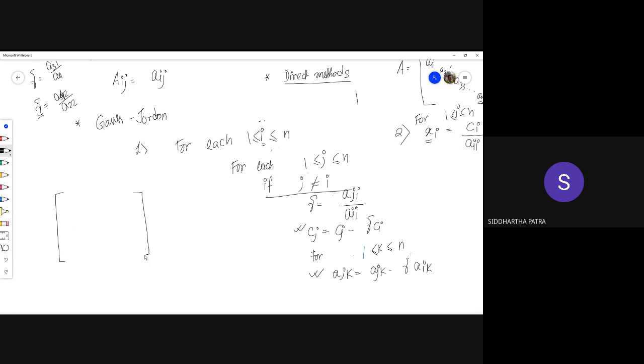So imagine there is a matrix, and this is your A matrix, which is A11, A12 up to A1n, then A21, A22, A2n, and onwards, and finally An1, An2 up to Ann.